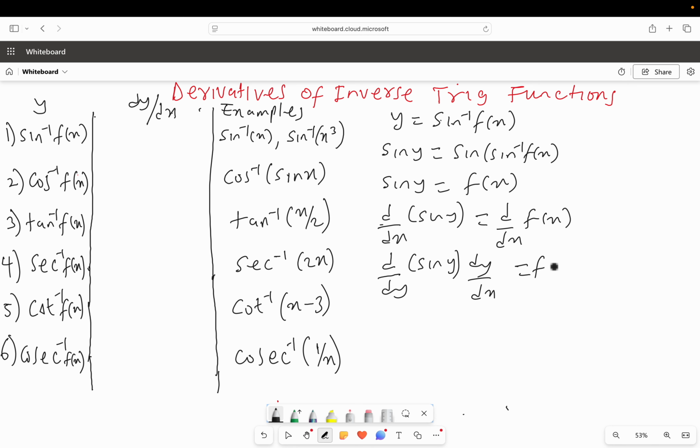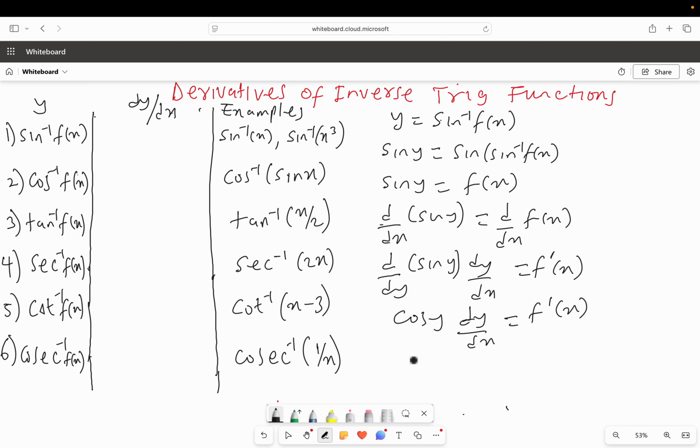Then I will just have f prime of x, which is the first derivative of f of x. So if I differentiate sine y with respect to y, I will just have cos y times dy/dx equals f prime of x. So I can divide both sides by cos y.